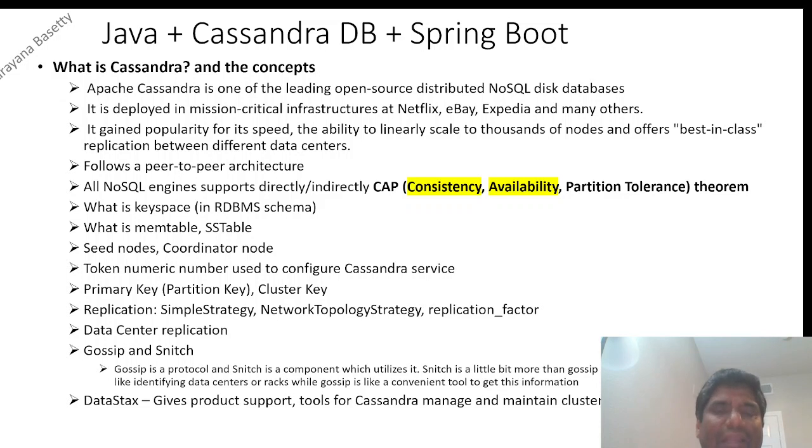This information will be used by another component service, the snitch service, which essentially uses it from the gossip protocol. And this snitch service uses certain default strategies for doing the replication between node to node or node to data center, whatever you can think of in terms of the cluster.